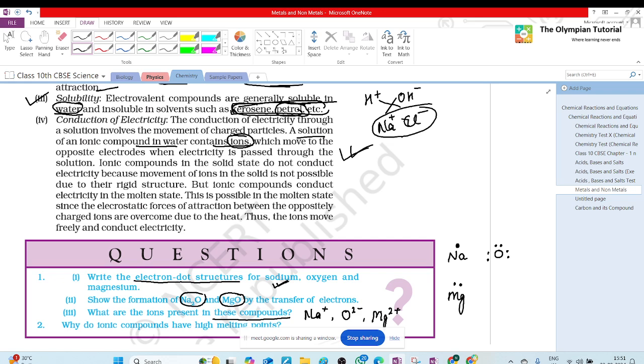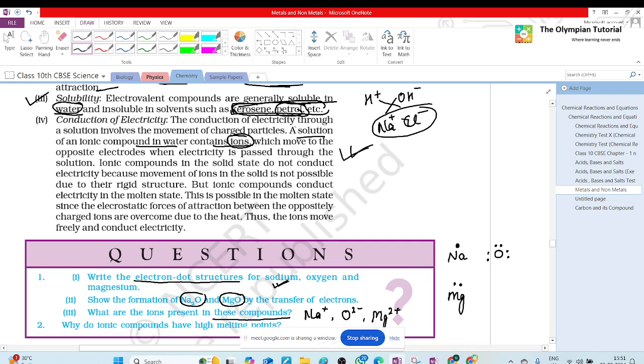But ionic compounds conduct electricity in the molten state. This is possible since the electrostatic forces of attraction between the oppositely charged ions are overcome due to the heat. Thus, the ions move freely and conduct electricity.